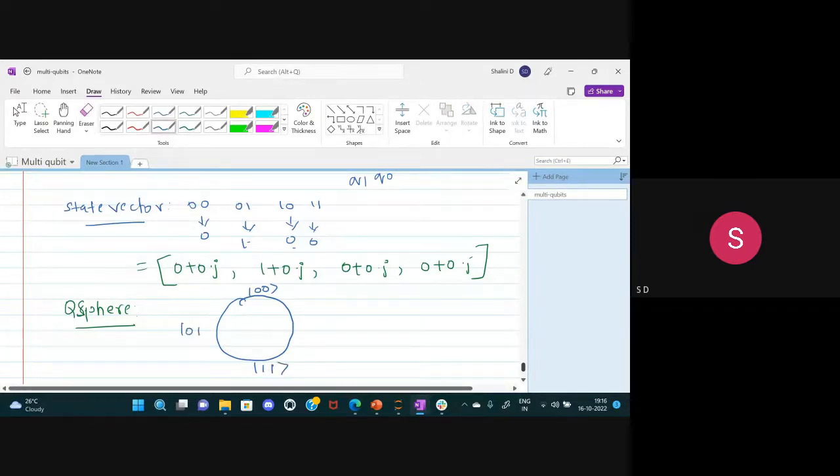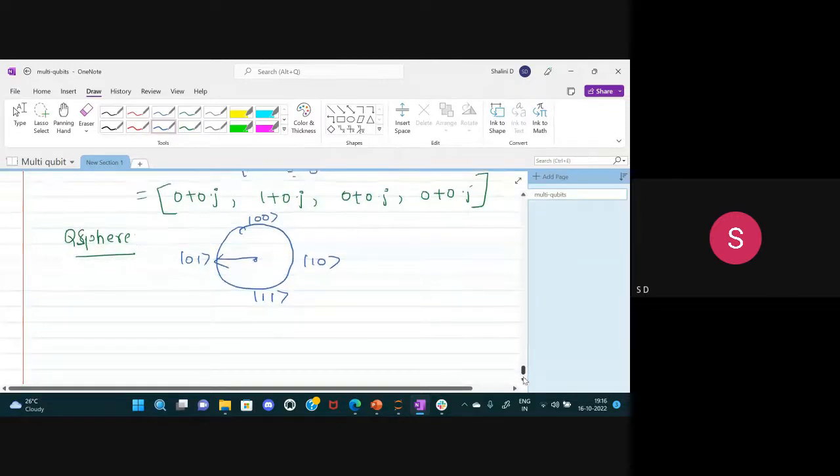So 0 1 over here and 1 0 over here. Since we got 1 0 now, after applying Little Endian, it will be pointing to this part. This is how you represent the Q sphere, and we don't need the unitary operator.